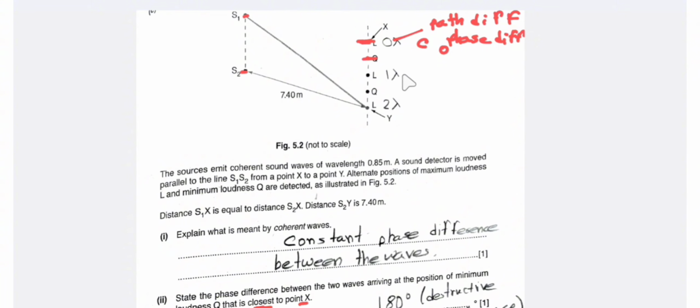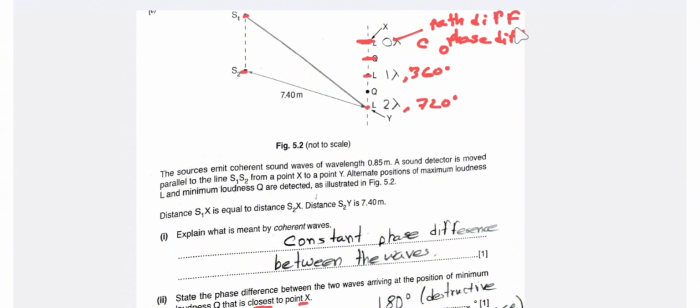Then for the next maximum, or next loud, the path difference is 1 lambda and the phase difference is 360 degrees. For the other maximum, the phase difference must be 720 degrees and the path difference would be 2 lambda.